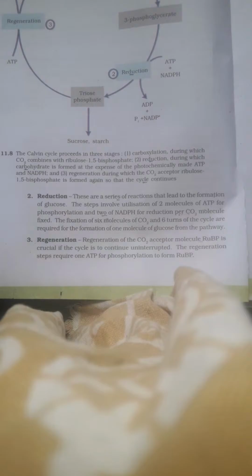So reduction is the stage where carbohydrate is formed. What carbohydrate? Glucose, sucrose, starch. Photochemically made means through the non-cyclic light reaction, before this Calvin cycle.